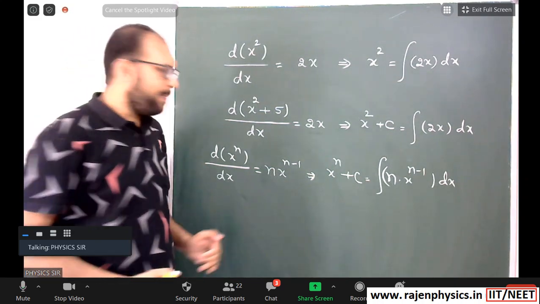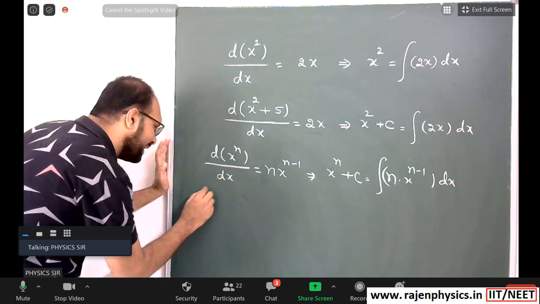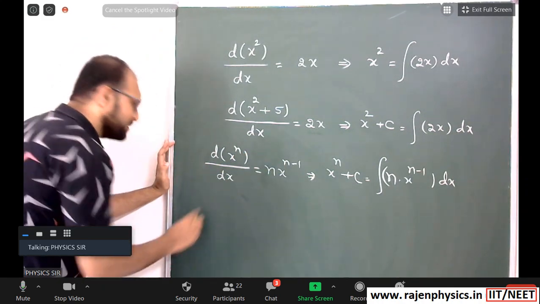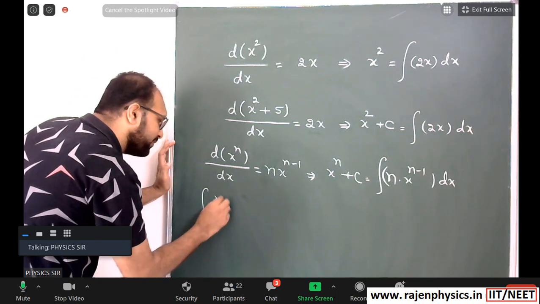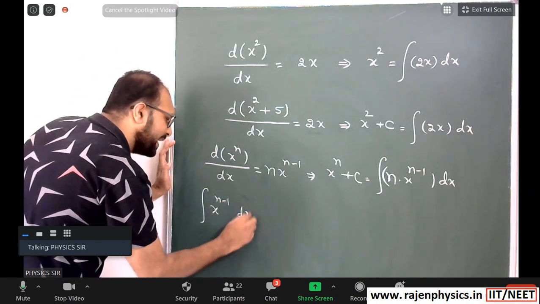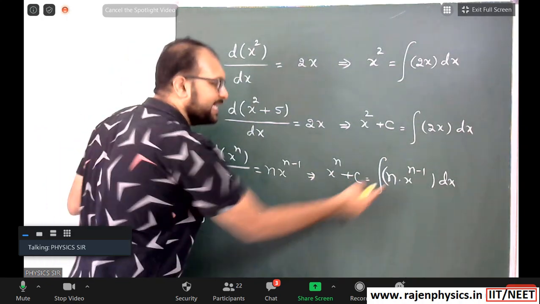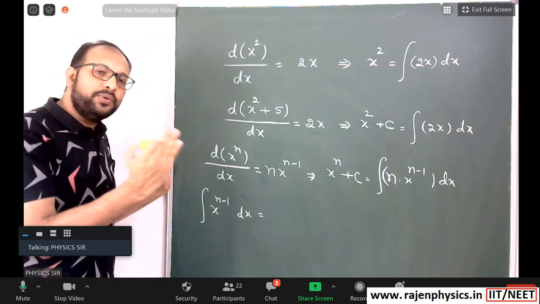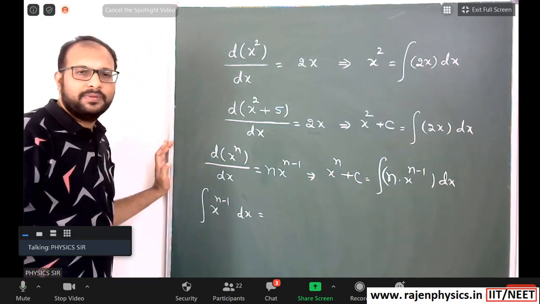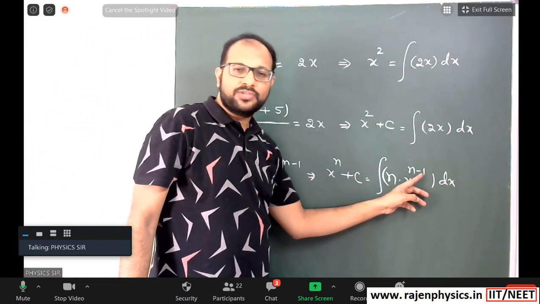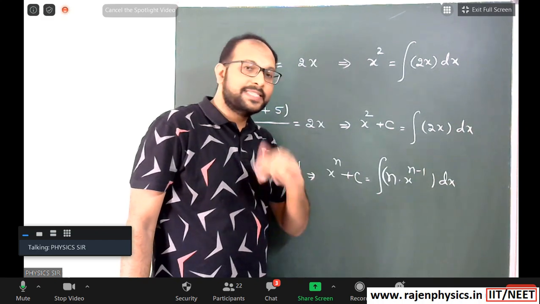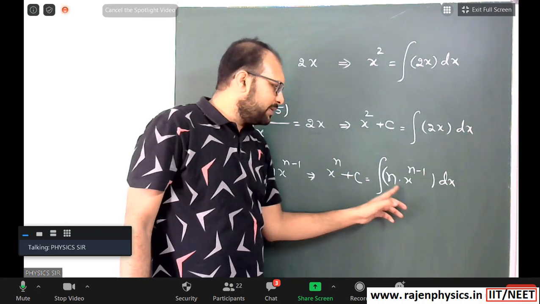So now from that, I am writing, students, integral x to the power of n minus 1 dx equal to, because this n is a constant, you can write it outside also, because it is a product, n into x to the power of n minus 1. x is the variable that is inside the integration, but n is outside.